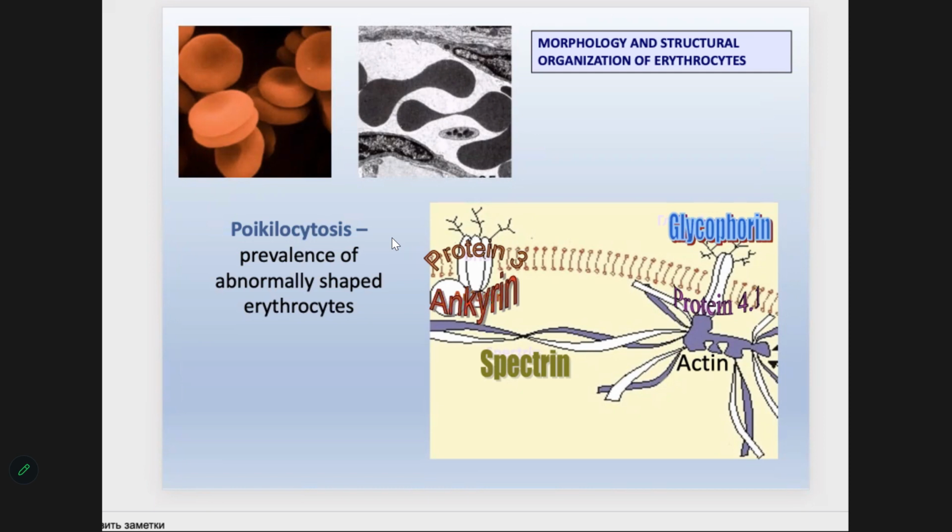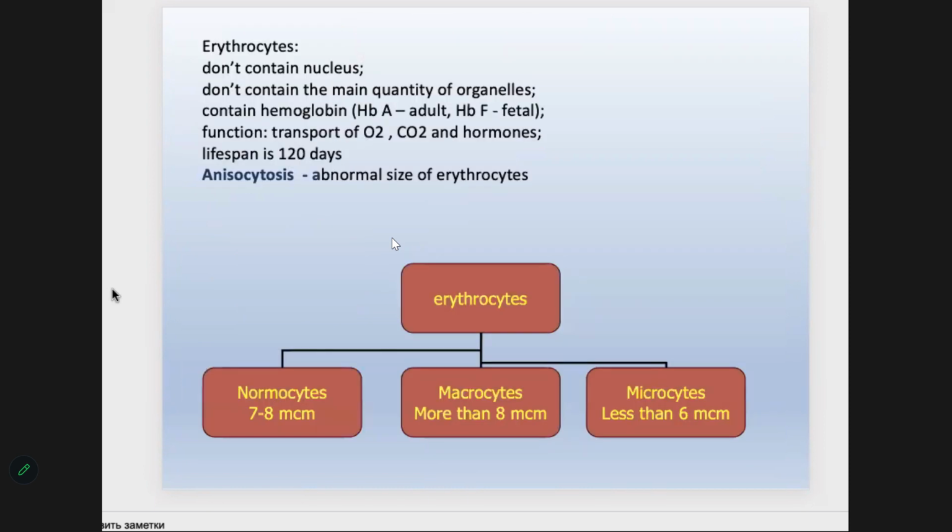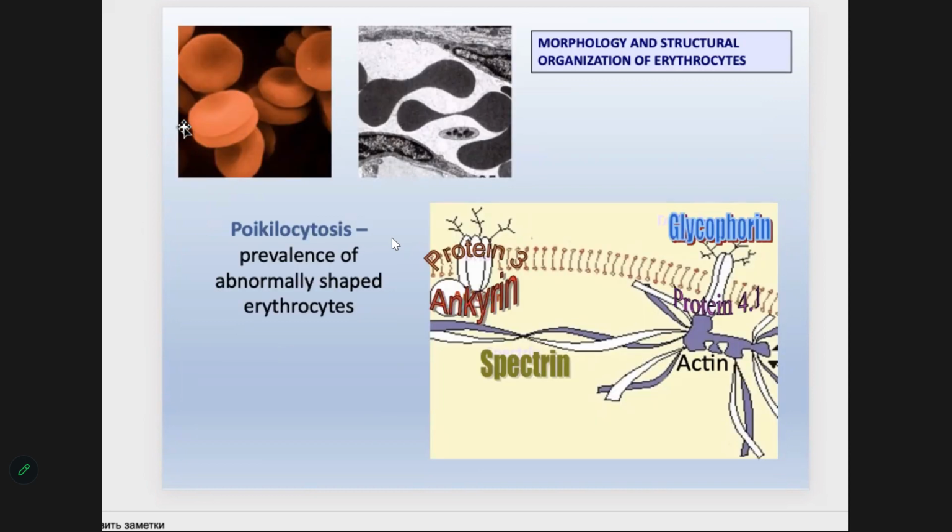So what can we tell about the structure of erythrocytes? Erythrocytes are not cells because all erythrocytes don't contain nuclei. Nuclei are absent. The main quantity of organelles are also absent, and the cytoplasm of the erythrocyte is filled by the pigment named hemoglobin.